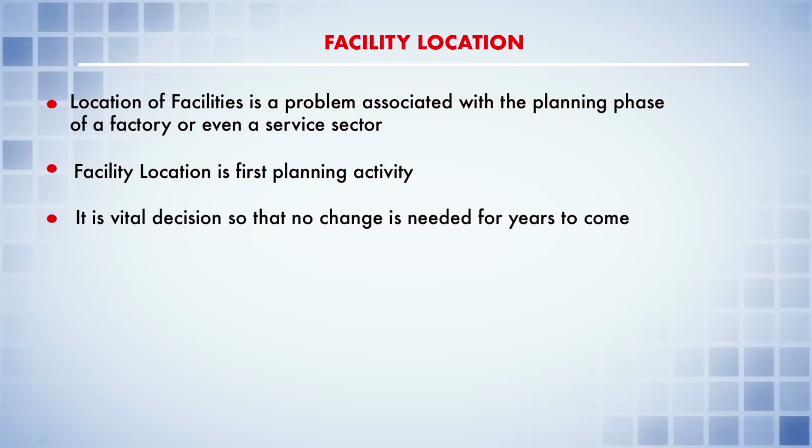And it is a vital decision, because you will appreciate that once you identify the location and your facility or plant is developed, you are not going to make any change in the coming future. It is always said that facility location or plant layout is very difficult, or in other words, a complex procedure.